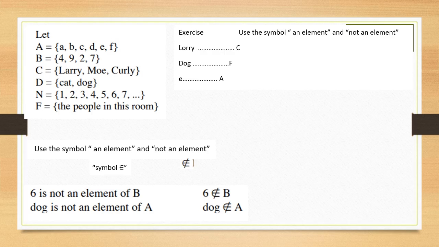Dog is not a person or people in the room. So again, dog is not an element of the set F. And also look into the set A. In set A, you have A, B, C, D, E, F as the elements. And you can clearly see that E is included in set A. So E is an element of set A.